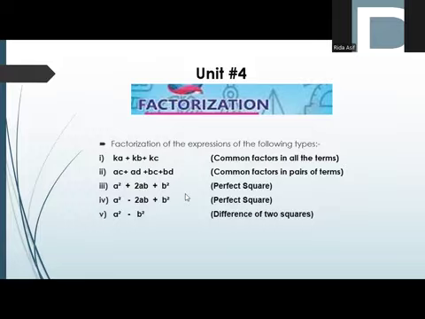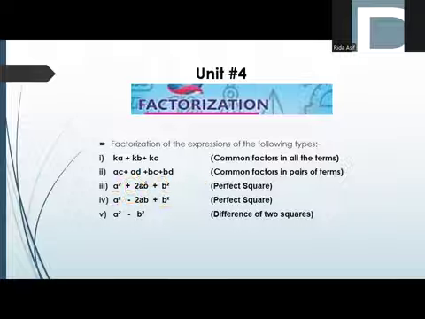Students, if we are having three terms, and the first and third terms are perfect squares, for example a square and b square, and in the middle term we are having the plus sign with two times the first term and the second term, we will select the method of perfect square, right? In the same way, if we are having the minus sign, we will again select the perfect square method.